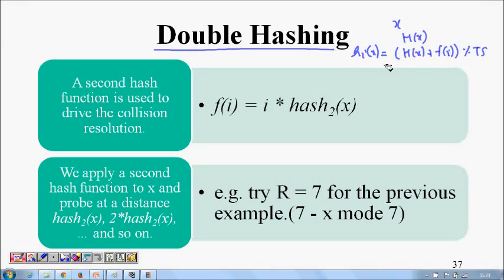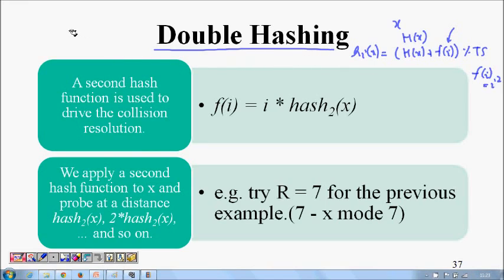Here the type of function f(i) decides the strategy. If f(i) is equal to i, it is linear probing. If it is i squared, it is quadratic probing. And now we are having double hashing.